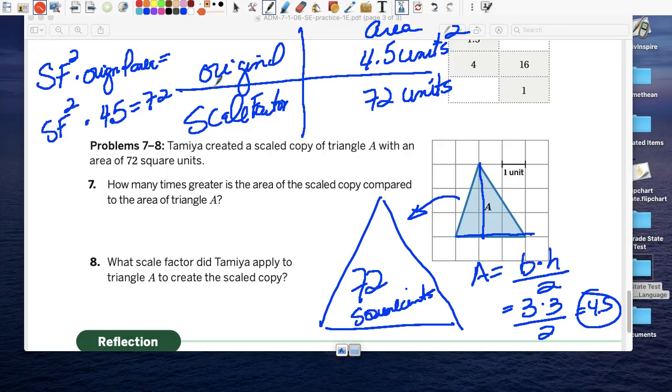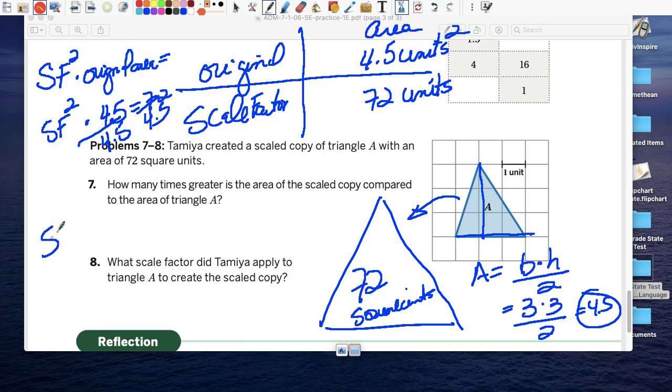I don't want to get into this, but let's see if we can do this. Well, might as well learn it right now. So what we're going to do is divide both sides by 4.5.